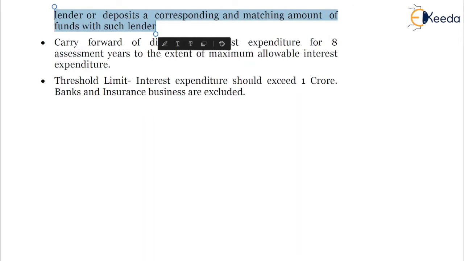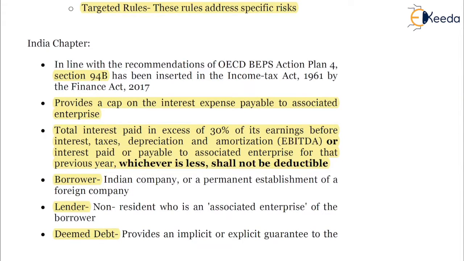So we have seen that in bullet number 2, the cap on interest expense payable is applicable where interest is payable to an associated enterprise. Even in the case of deemed debt, where a guarantee has been provided by the non-resident associated enterprise to the third party lender, or funds are deposited by it with the third party lender, and such third party lender on obtaining the guarantee or funds is providing a loan to the Indian borrower company.